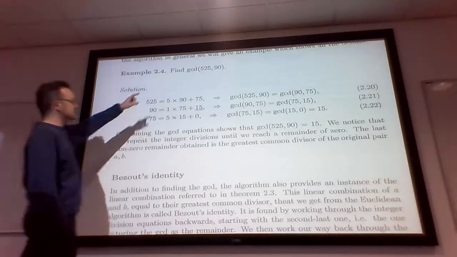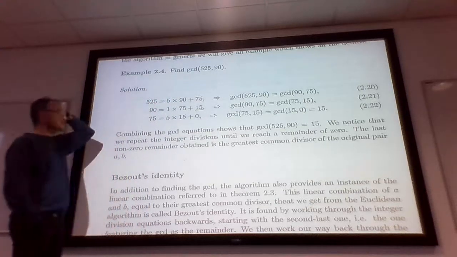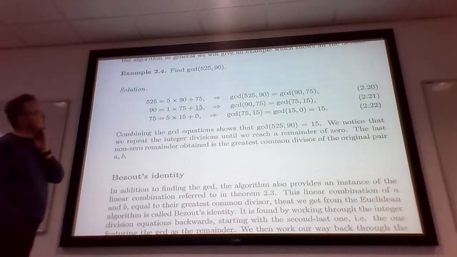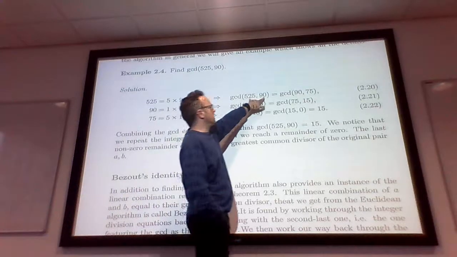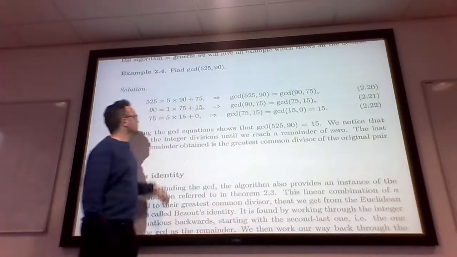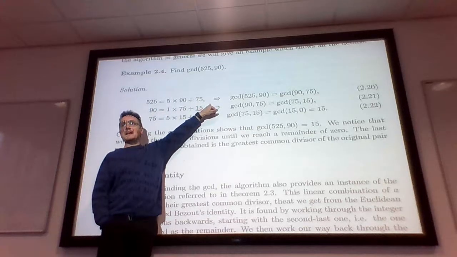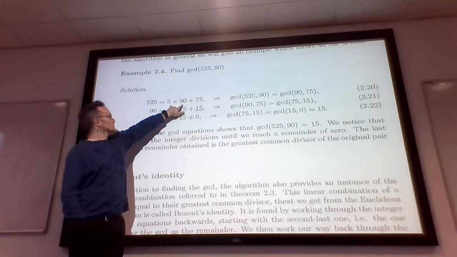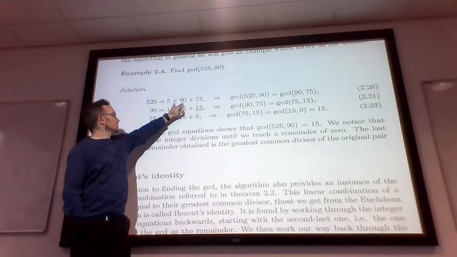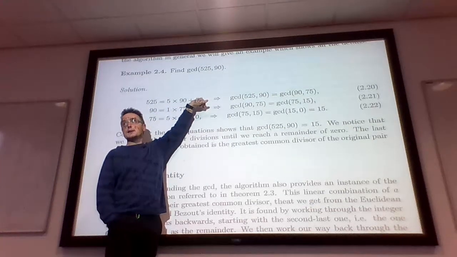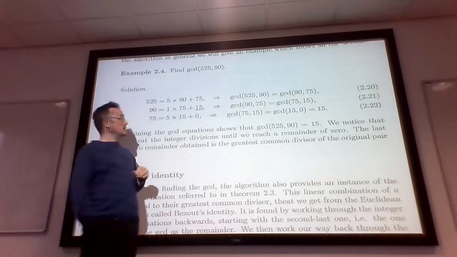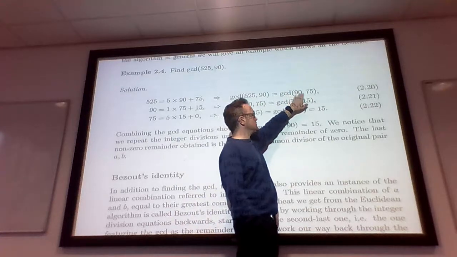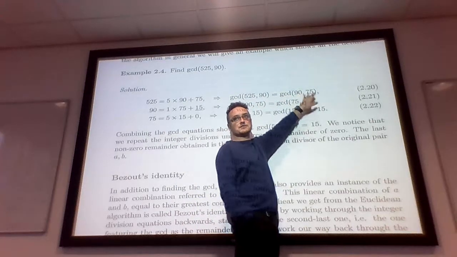So here the task is to find the greatest common divisor of 525 and 90. Rather than deal with 525 and 90, we perform an integer division with remainder. We see that 90 goes in 5 times, 450, with the remainder 75. Okay? So applying the lemma tells us that the greatest common divisor of 525 and 90 is the same as the greatest common divisor of 90 and 75.